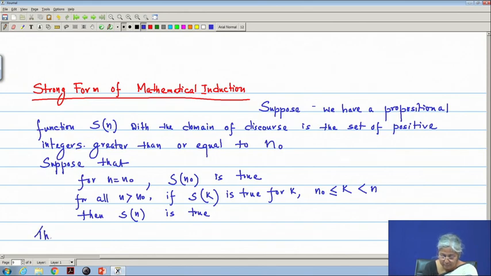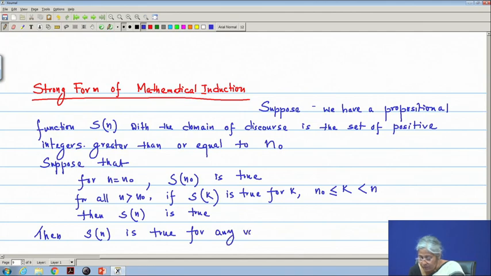Then we claim that Sn is true for any value of n greater than or equal to n0.